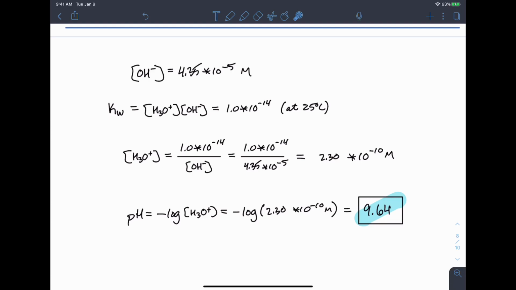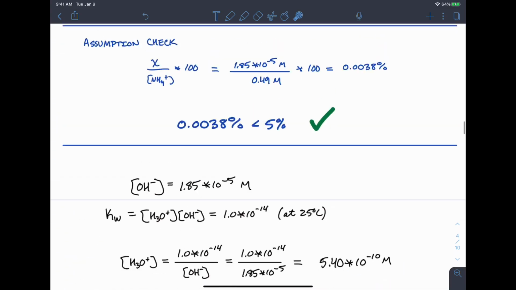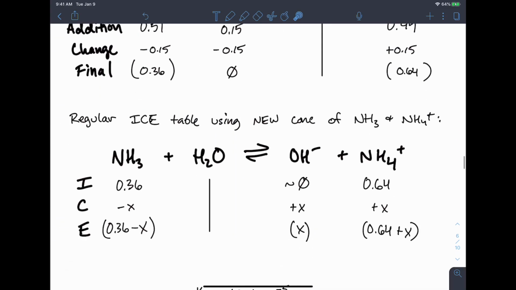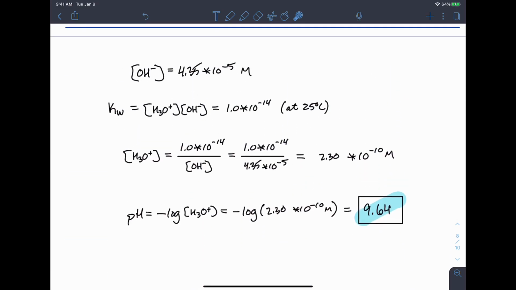We would expect the pH to increase, but the buffer effectively resisted that pH change, and so it didn't increase by very much. So 9.64 is not much higher than 9.27, relatively small pH change.